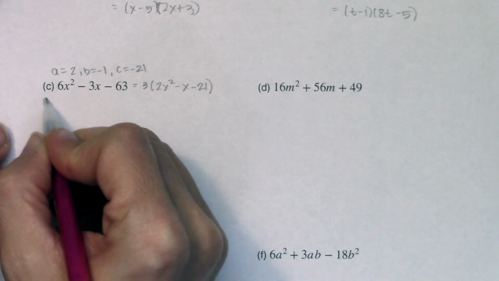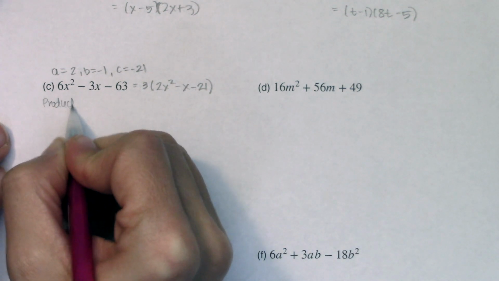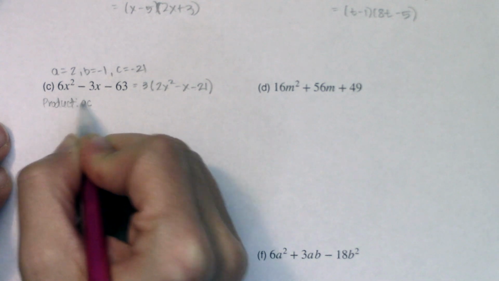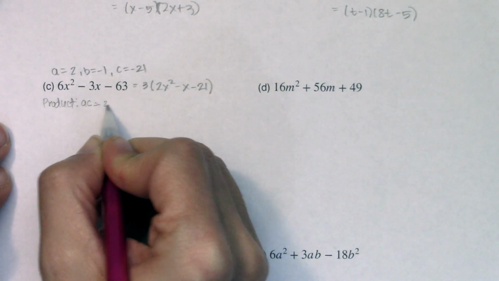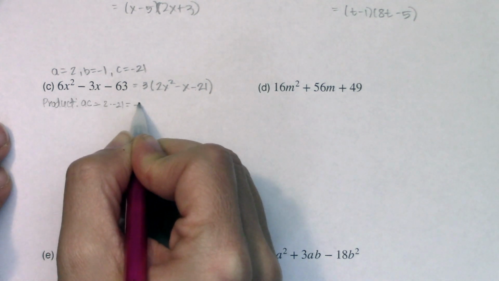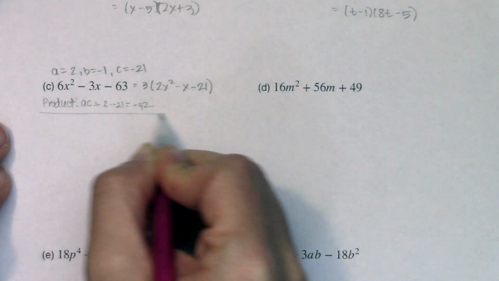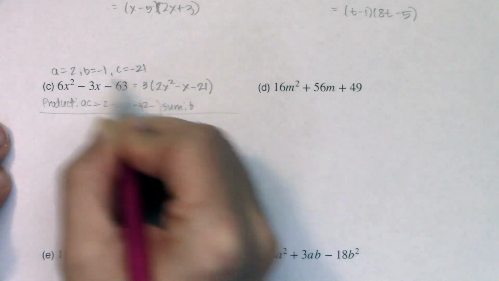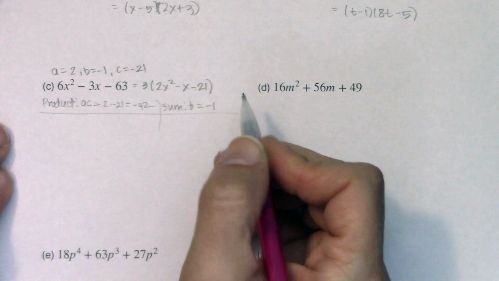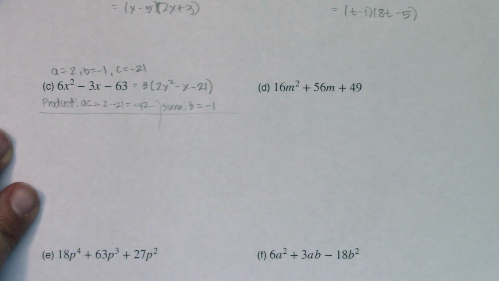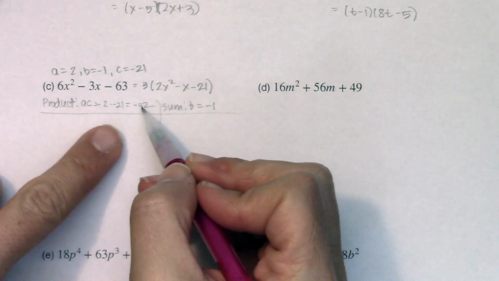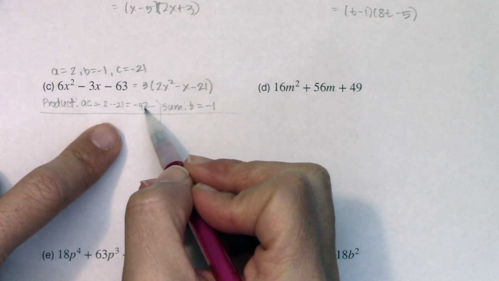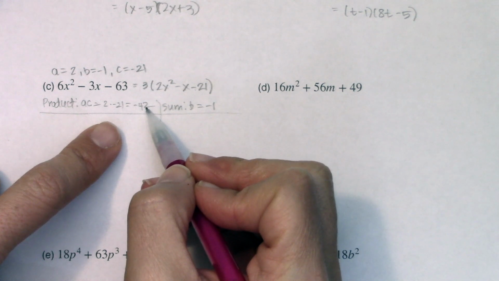All right, so if I want the product, let's get the product of AC. In this case, it's going to be 2 times -21, which is -42, okay? And then if I want the sum, my middle term was -1. So when I start to think about how this is going to work, if I think about things that multiply to 42, 6 and 7 are coming to mind.